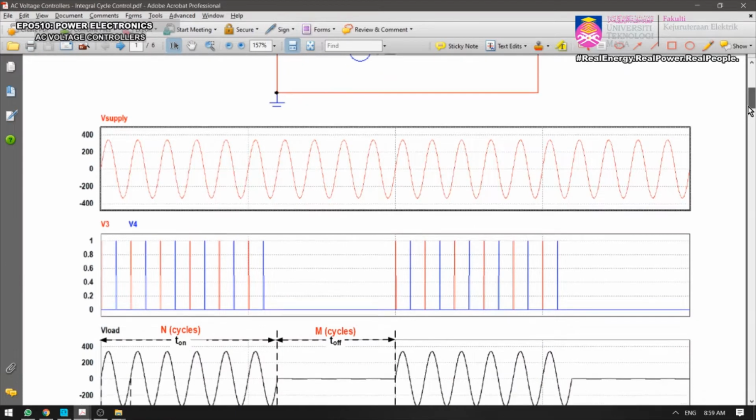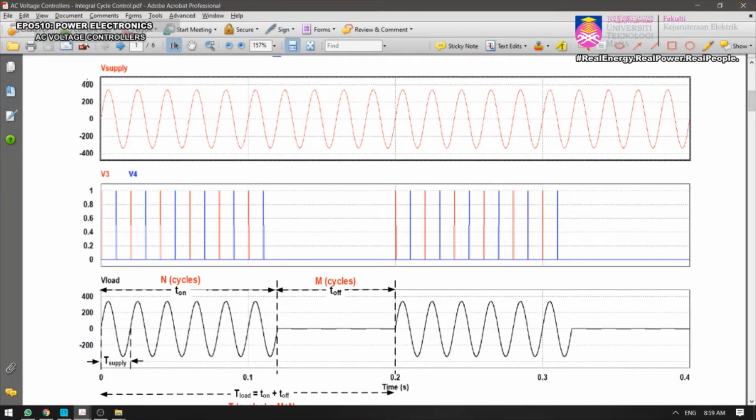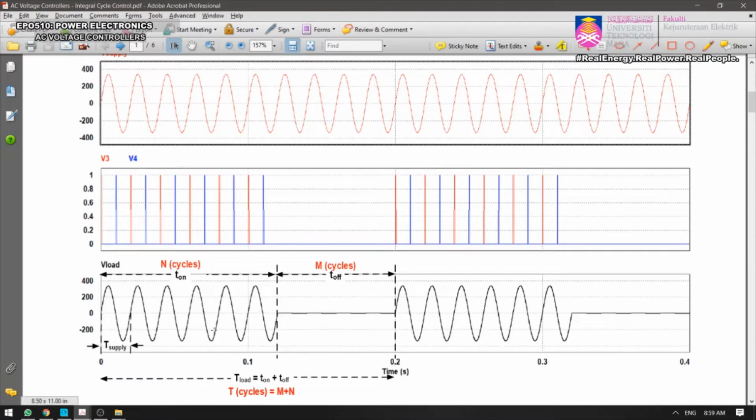If I can show you the waveform, there you are. This is the supply voltage at 50 Hertz, and we have 10 cycles for the output. Now look at the output waveform. You let the input be turned on, in this example, for 6 cycles: 1, 2, 3, 4, 5 and 6.